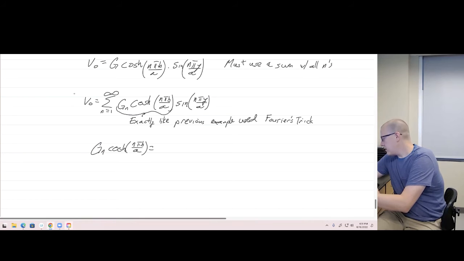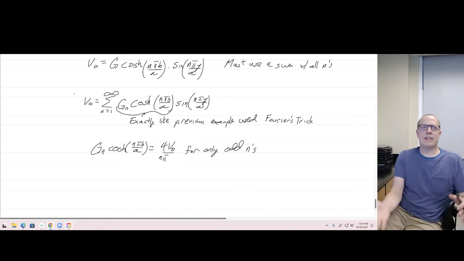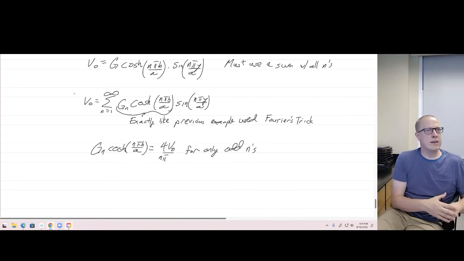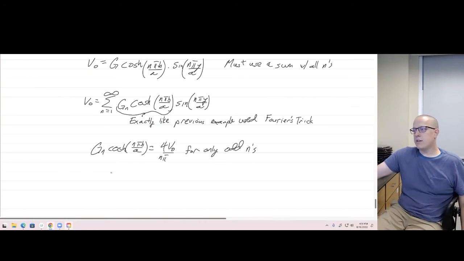So we get Gn times cosh equals 4 V naught over n pi for only the odd n's. If you're not sure where I got that, go back and look at the example from the previous day. You'll see that we had Gn equals 4 V naught over n pi.